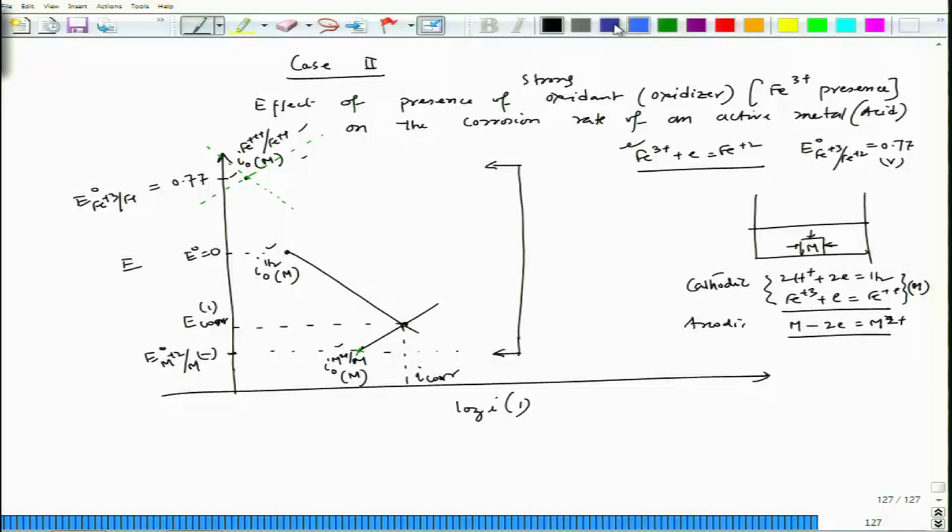And remember, all these individual redox reactions or half-cell reactions would have their own anodic as well as cathodic polarization. So, this is anodic polarization for hydrogen evolution, this is cathodic polarization for metal, and this is the cathodic as well as anodic polarization for Fe+3 to Fe+2. So, now it would come like this.